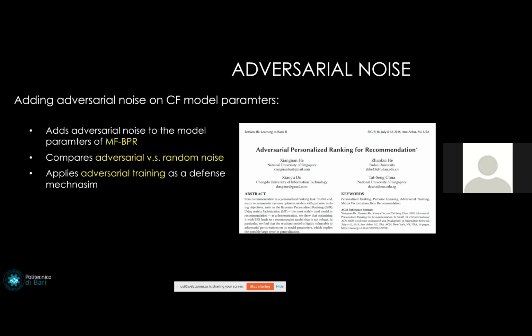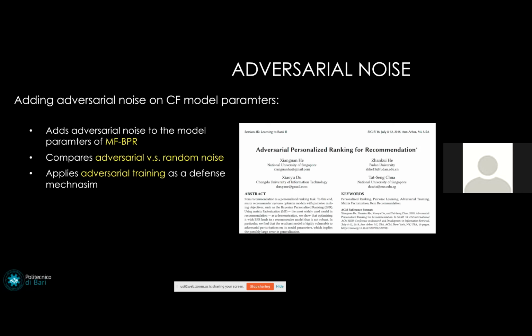The second question is on the defensive side: given this adversarial noise, is there a procedure where I can reduce its impact? And the authors show the impact of adversarial training on reducing the effects of adversarial noise added to the data.